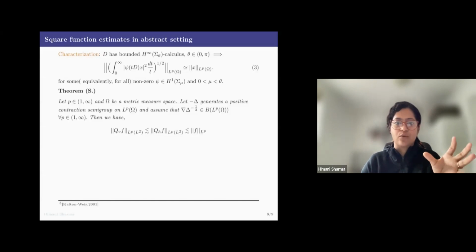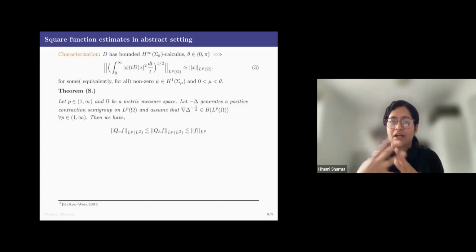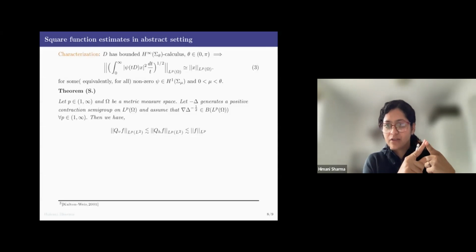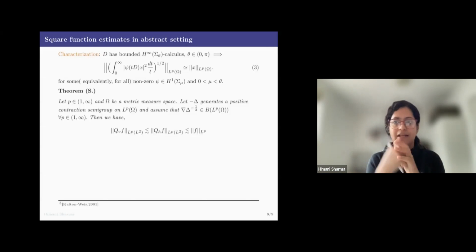We assumed that the Riesz transform operator is bounded on L^p(Ω), where Ω is any general metric measure space, and that Δ generates a positive contraction semigroup on L^p(Ω) spaces. Then we can control the vertical square function operator by the horizontal one, which is further controlled by the L^p norm of the function f.